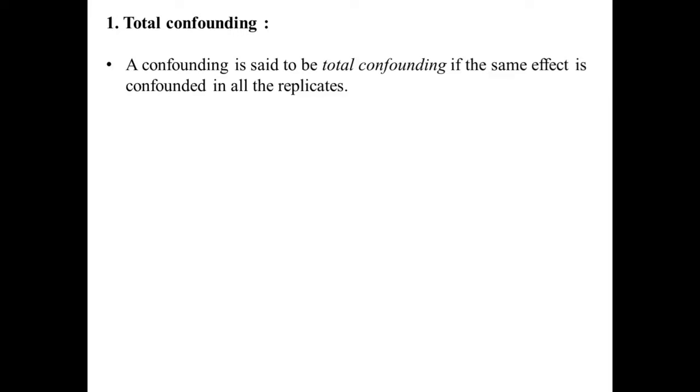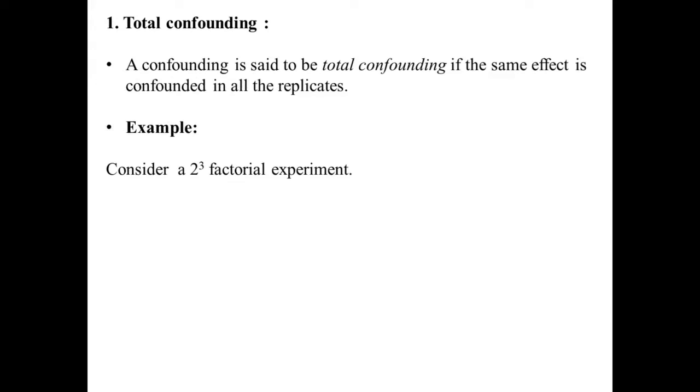Suppose we consider R replicates, and in each replicate we confound the same effect, then that type of confounding is total confounding. Actually, what is confounding? We delete the effect of that particular interaction from that replication. This is a simple concept of confounding.